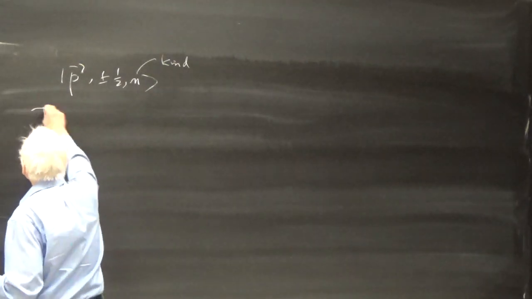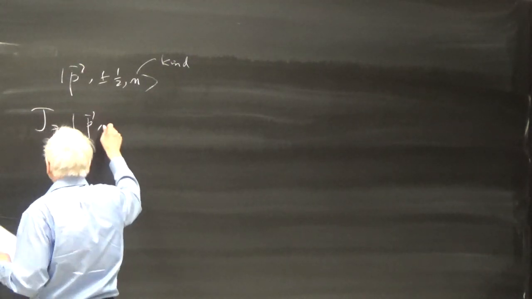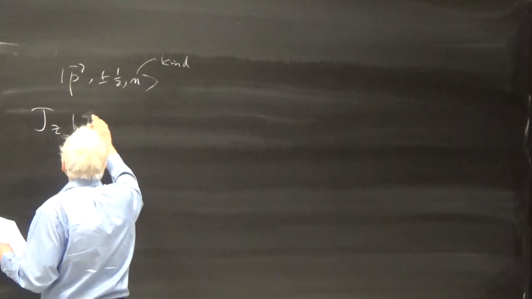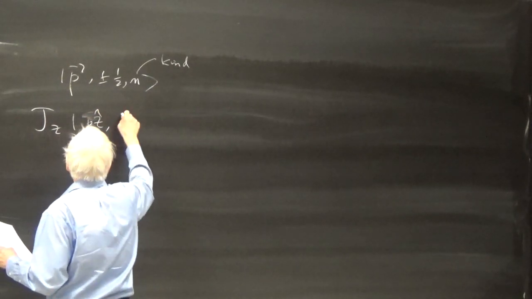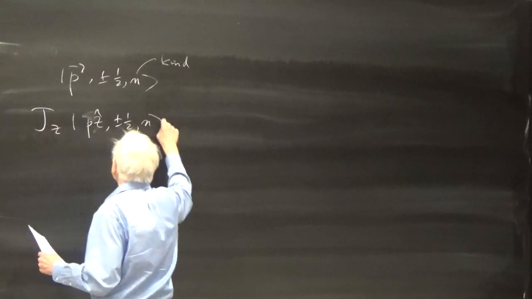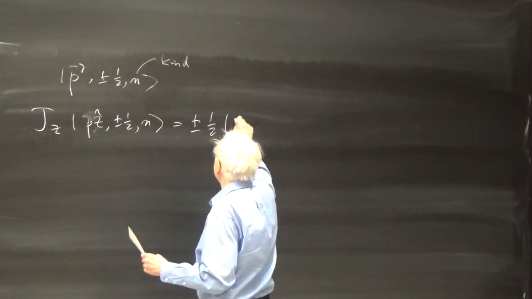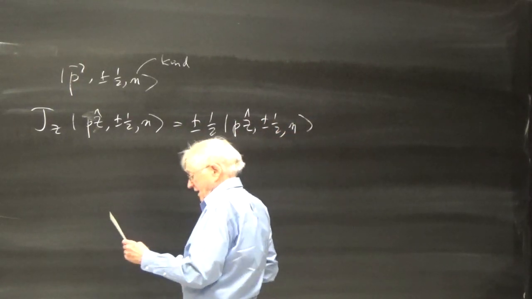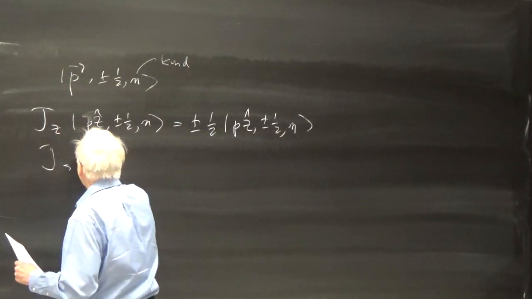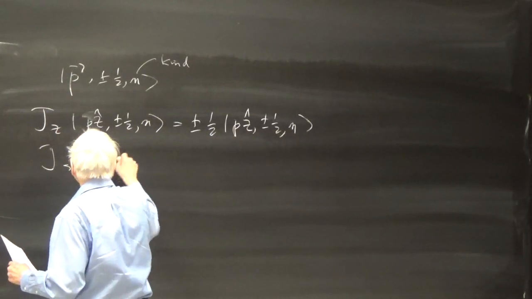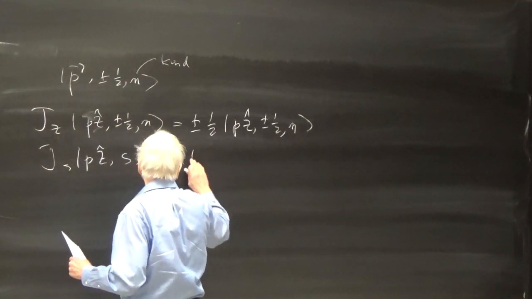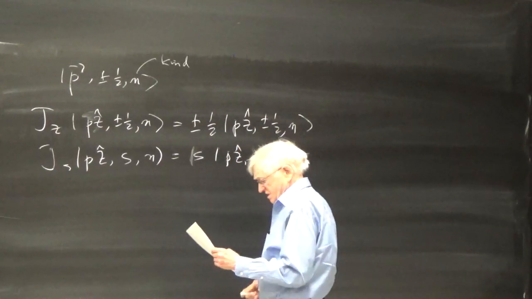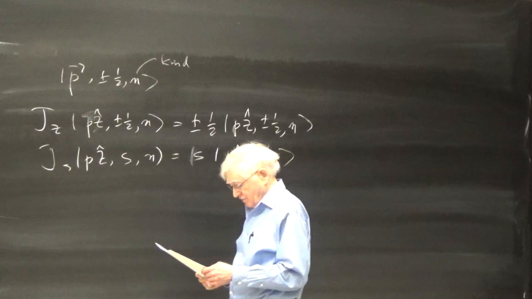In particular, it's an eigenstate of angular momentum if the momentum is in the z direction. Or equivalently, I'm going to switch to s. So it's an eigenstate of Jz if the momentum's in the z direction.